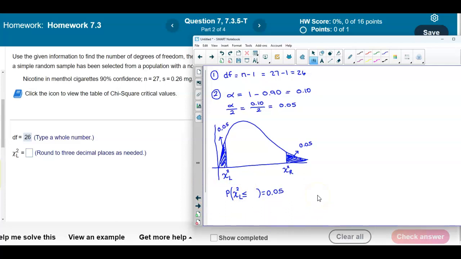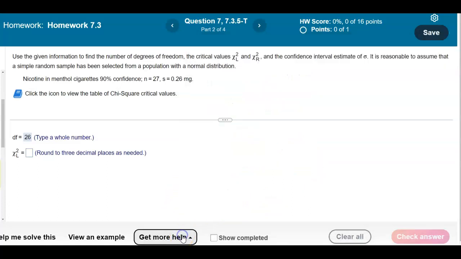Likewise, if we want to find the critical value on the right, it's being shaded to the right, so our arrow is going to be greater than or equal to, and again, the area to the right represents 0.05. So let's go ahead and use StatCrunch to determine that.